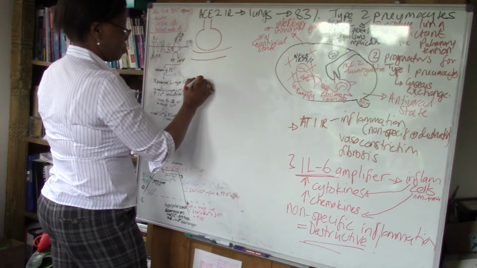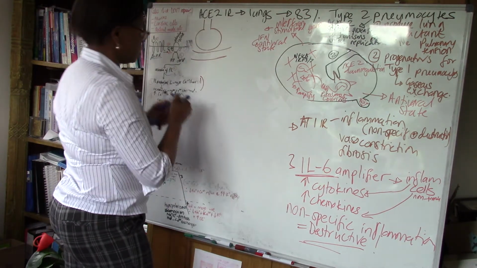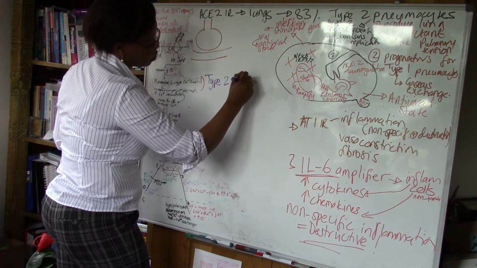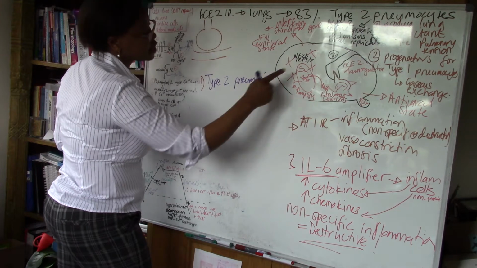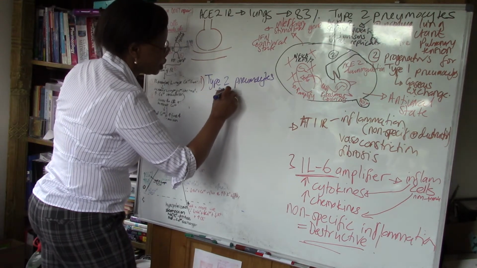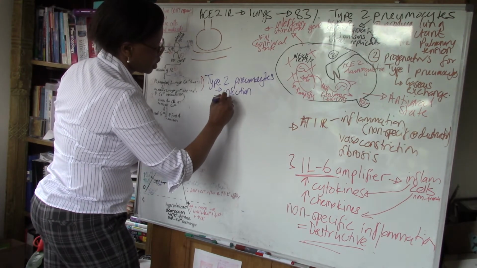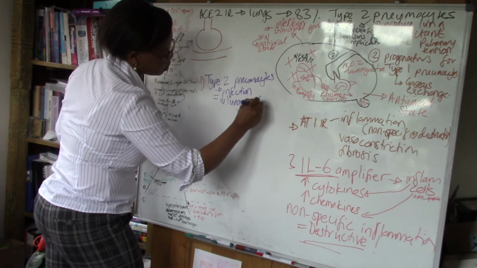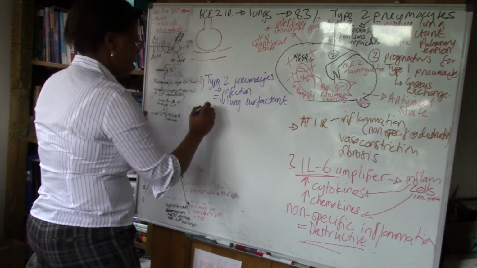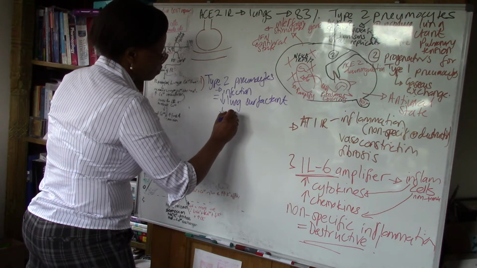is that, number one, our type 2 pneumocytes get damaged, because they've been hijacked anyhow by the virus, so they're damaged by infection, and they stop producing lung surfactant, and as well they stop becoming progenitors for type 1.